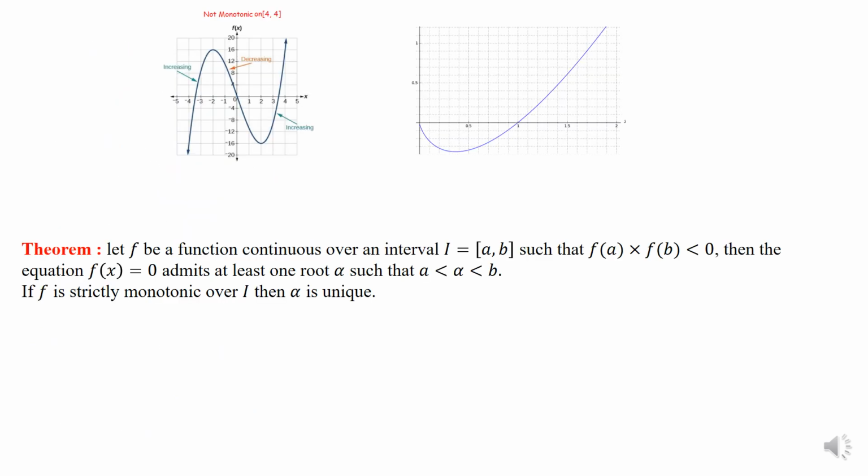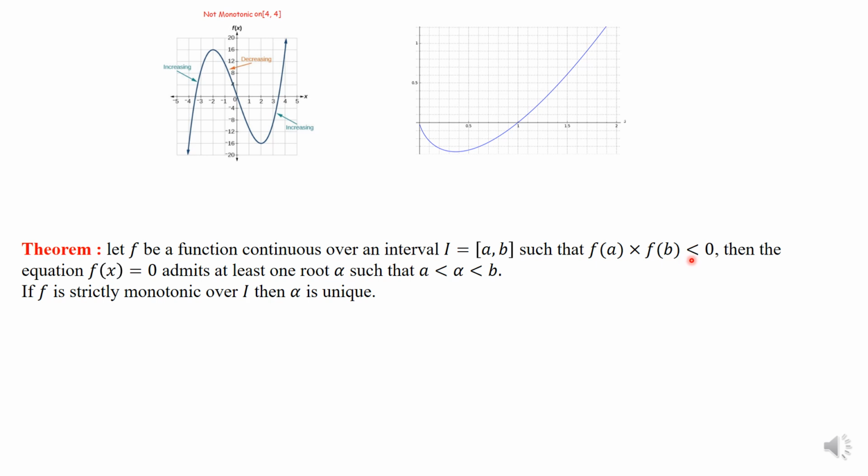Now this theorem tells us whether a function admits a root over an interval or no. So if f is a continuous function over an interval [a, b], so that f of a times f of b is less than 0. And what does this mean?